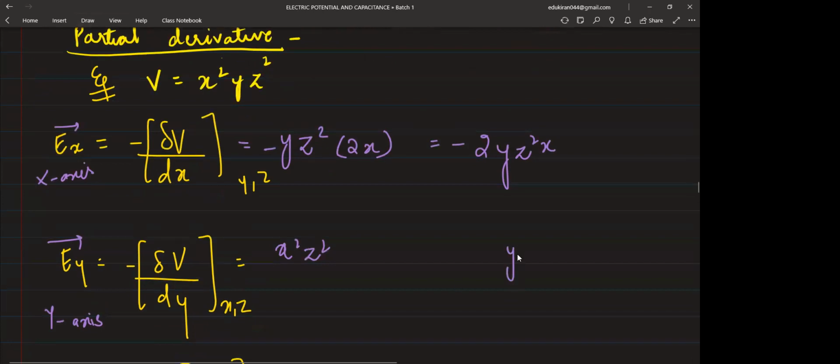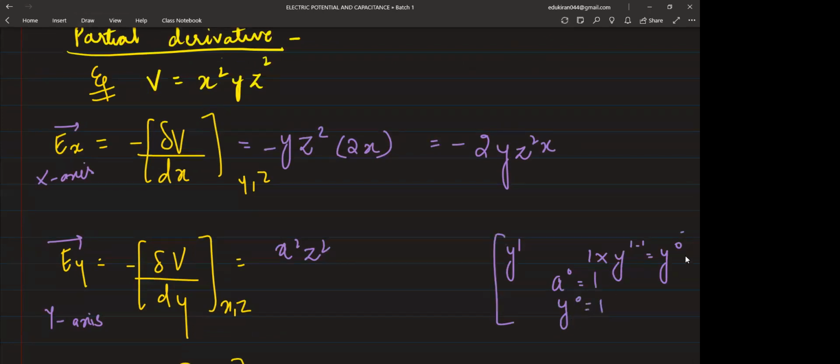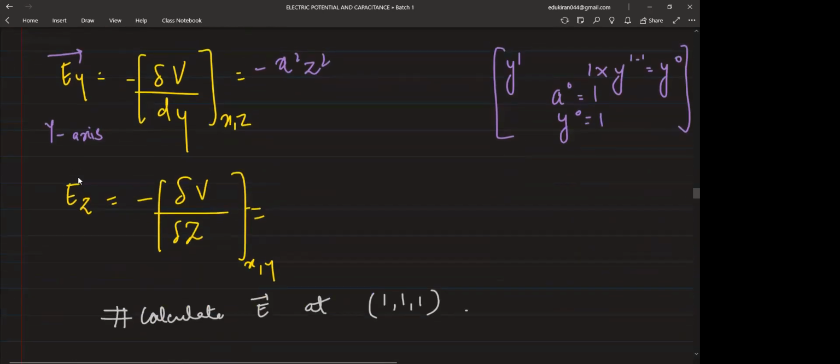Now see, y has the power 1. So when you write 1 multiplied by y to the power 1 minus 1, that gives you y to the power 0. And any constant or variable to the power 0 is 1. That's why this entire y will just give us 1. So this is minus x square z square. That's it. Now let's come to z. This is clear? Why is this only minus x square z square? Taha, is it clear to you?